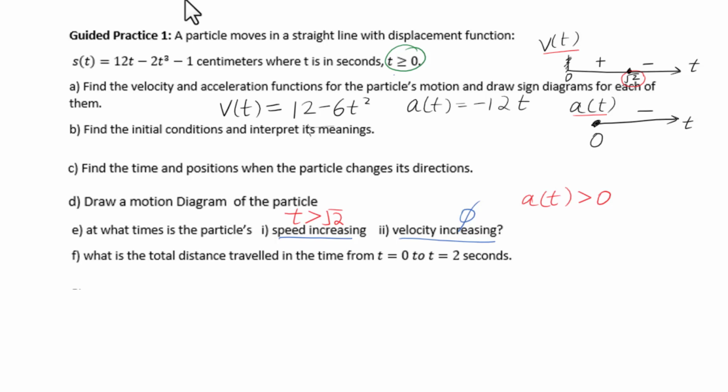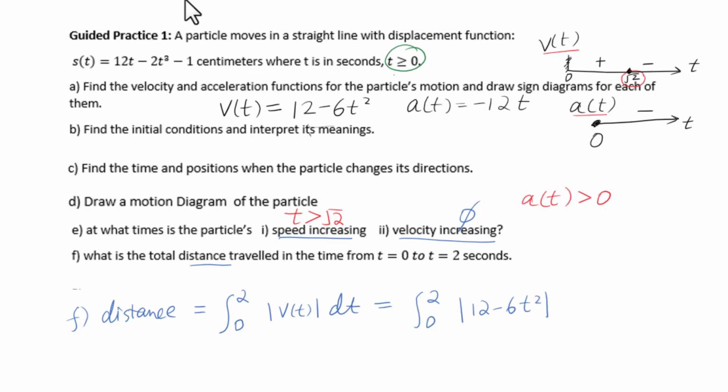For F, what's the total distance traveled from t equals 0 to t equals 2 seconds? Distance traveled is the integral from 0 to 2 of the absolute value of velocity dt, the integral from 0 to 2 of the absolute value of 12 minus 6t squared dt.